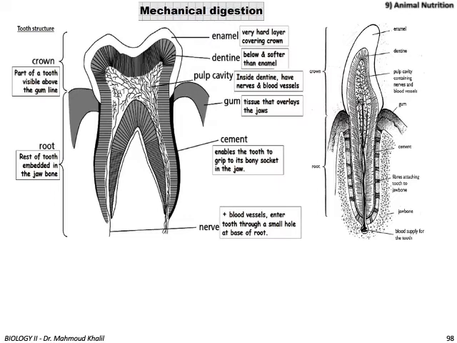The tooth is embedded in the gum, which is the tissue that overlays the jaw. The whole tooth is fixed into the jaw bone by a material called cement, and this enables the tooth to grip the bony socket in the jaw. You can see that the tooth is supplied by blood vessels and nerves that enter the tooth through a small hole at the base of the root. You can see this figure, and you can see a side figure as well for the tooth.